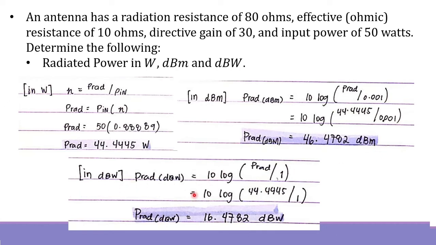Next would be the value of P rad in dBW. So the formula is 10 log P rad over 1. Let's just substitute 10 log 44.4445 over 1, which we will have the value of radiated power in dBW as 16.4782 dBW.